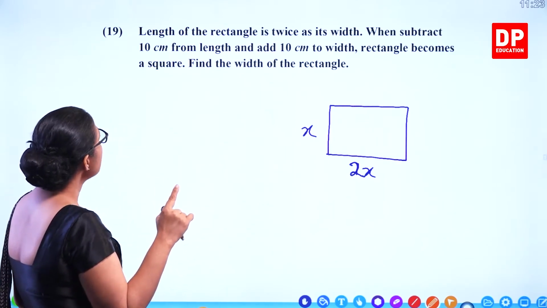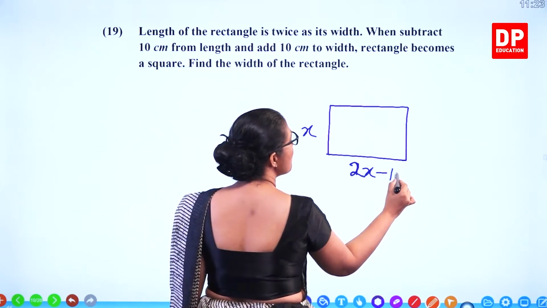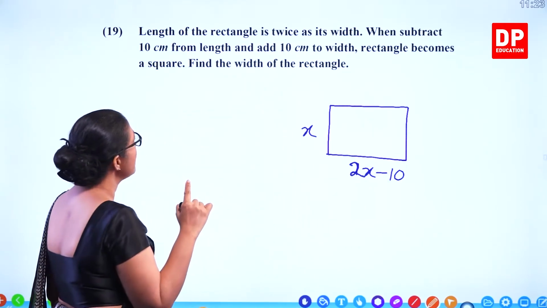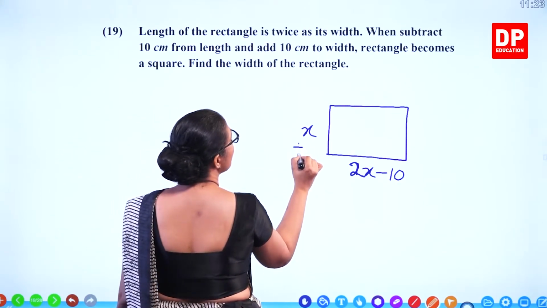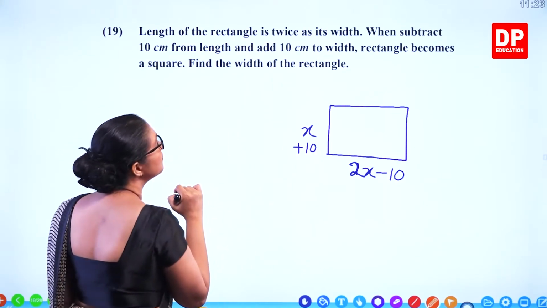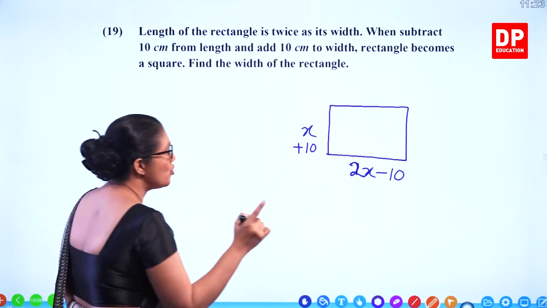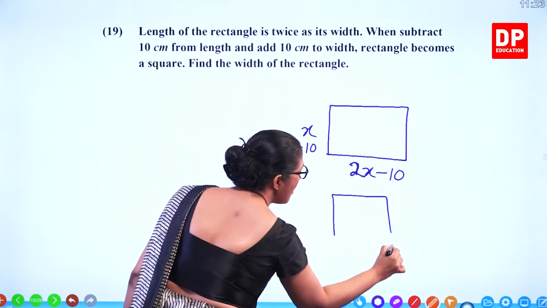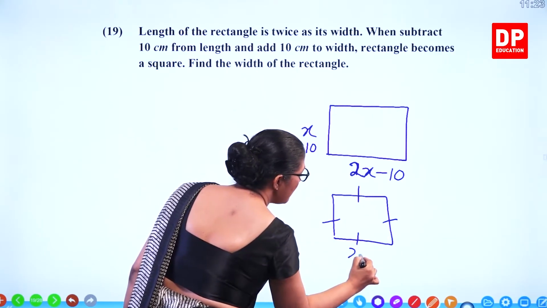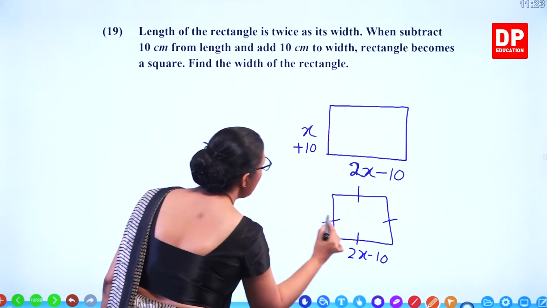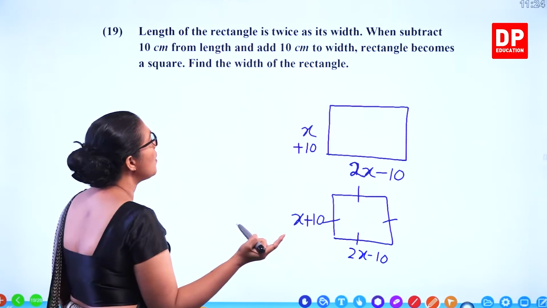When you subtract 10 centimeters from the length and add 10 centimeters to the width, what happens? It becomes a square. So you get a square. That means all sides are equal. That means 2x minus 10 and x plus 10 are equal.